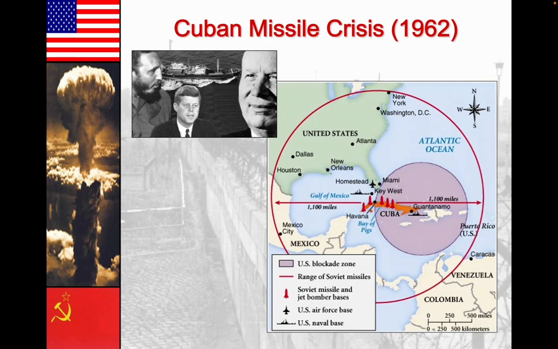So for 5 days, the United States and the Soviet Union basically have a stare down. And it's the Soviet Union that backs off. They agree to remove the nuclear missiles and want to meet with the United States to begin to limit this threat of mutually assured destruction.